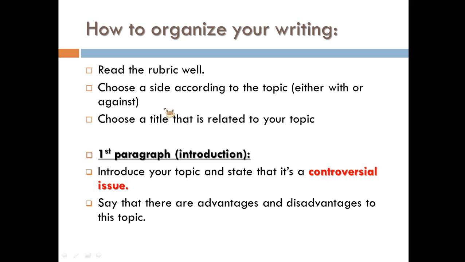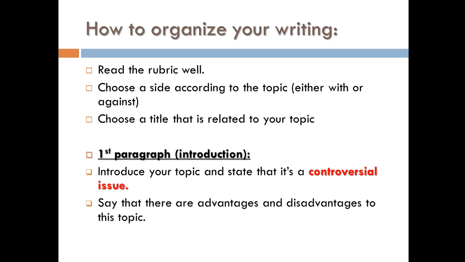For example, if my essay is about, let's say, the pros and cons of drinking cola. So we know that drinking soda or cola can be bad for your health.